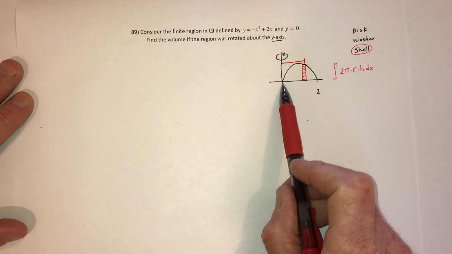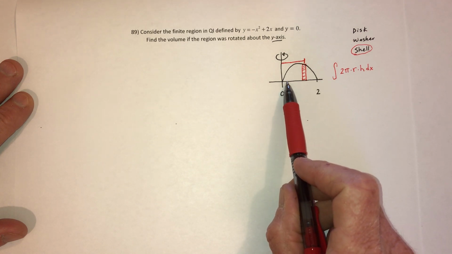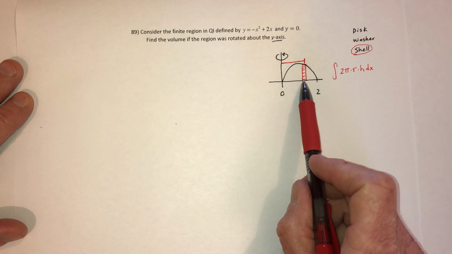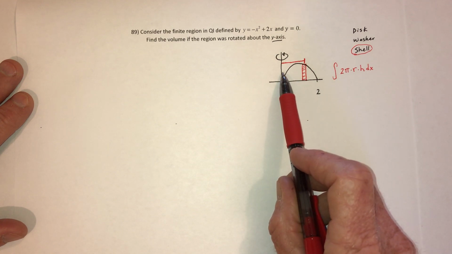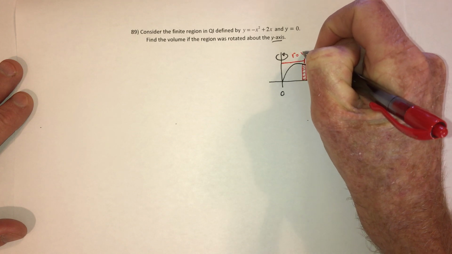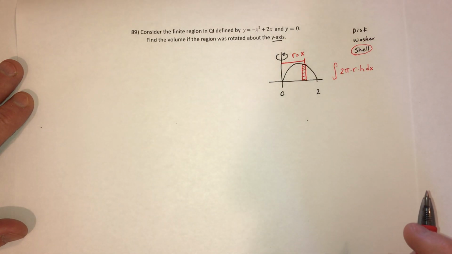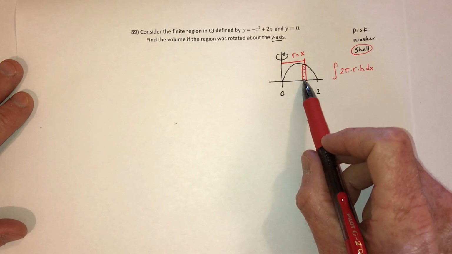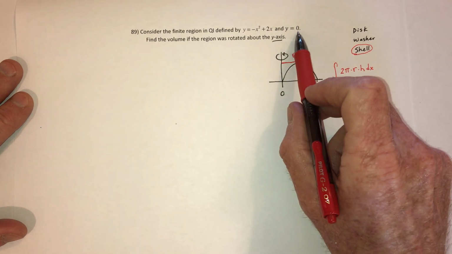Now at the beginning, that would be 0, because it would be right here on the y-axis, and then it would be 0.1, 0.2, 0.3. So in other words, as x gets bigger, this rectangle gets farther out from the y-axis. So that means that the radius in this case is just equal to x. Then the height. So the height is what I was talking about before. That would just be this function minus this function.